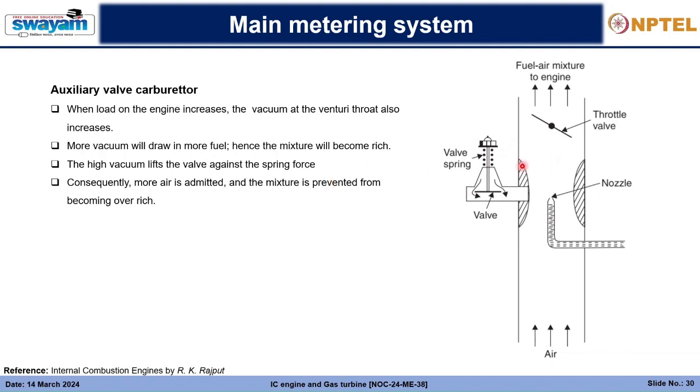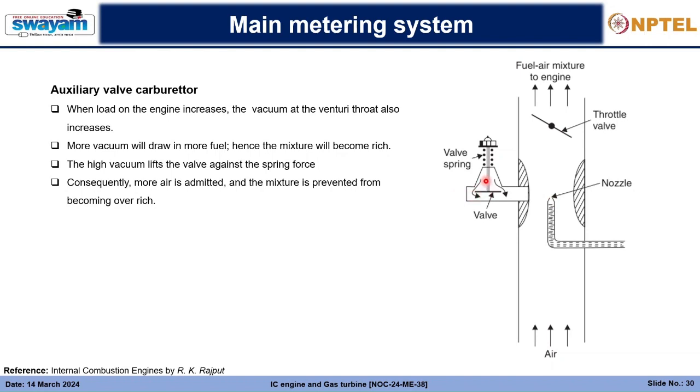So we want the mixture to remain lean, and for that we require a larger amount of air. So the remaining amount of air is supplied through this auxiliary valve. The pressure differential or the throat pressure is now quite less.